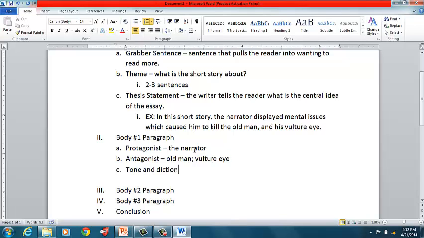So in addition to telling me who the protagonist and antagonist is in the body one paragraph, you need to tell me the tone for each of the characters and the diction, and go back into your literary terms and the definitions, and review what those are. You know, what are the attitudes and feelings, and what is said?